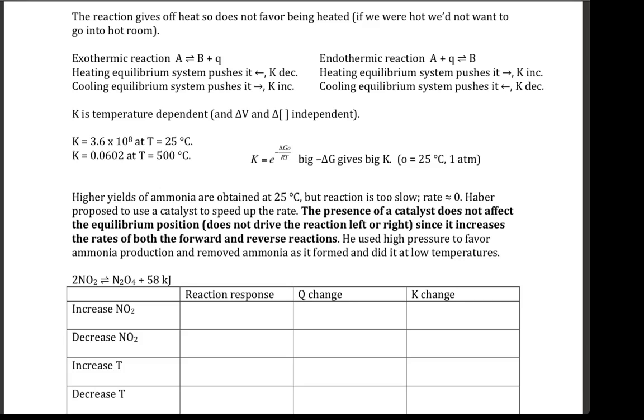It does not drive the reaction left or right, since the catalyst increases the rates of both the forward and the reverse reactions. So Haber used high pressure to favor ammonia production and removed ammonia as it formed, and did so at low temperatures to have a high yield, to have a large value of K, but used a catalyst to make it go at a decent rate.